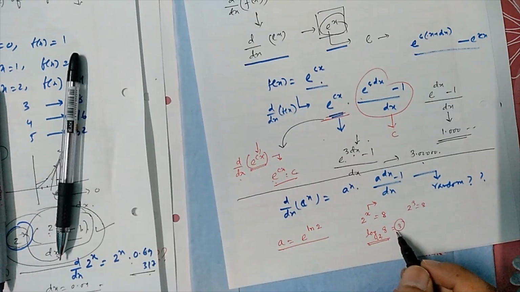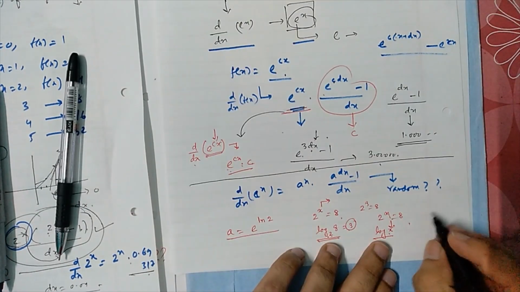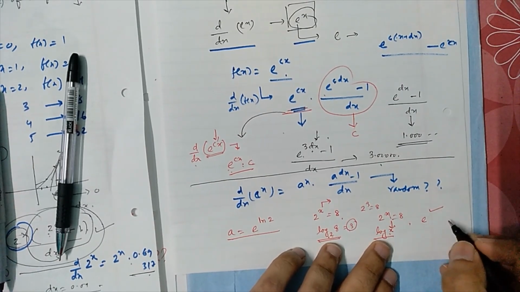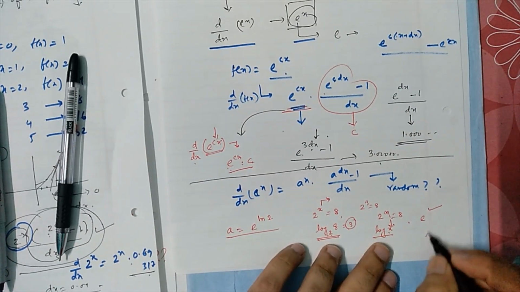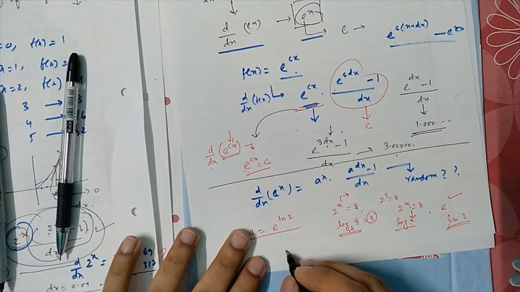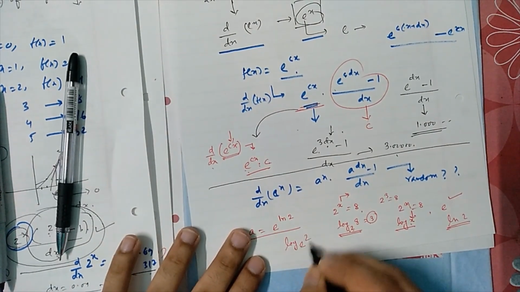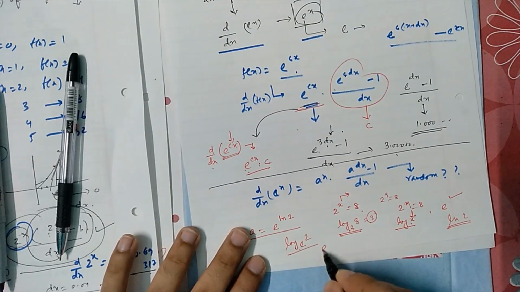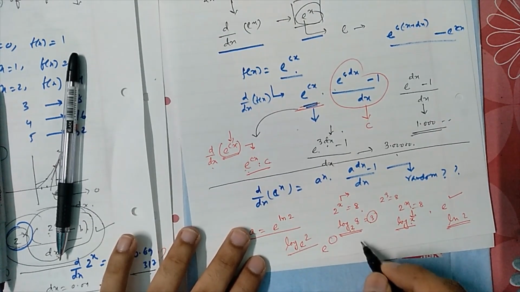This is the actual log x. That means e to the power what is equal to 2? ln 2 means what? ln 2 means log of 2 to base e, that means e to the power what is equal to 2.